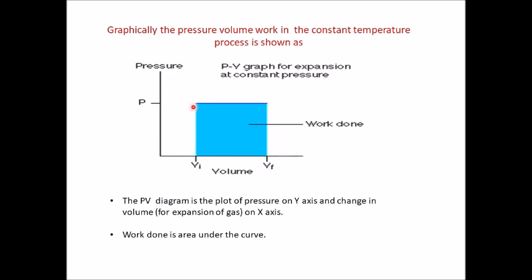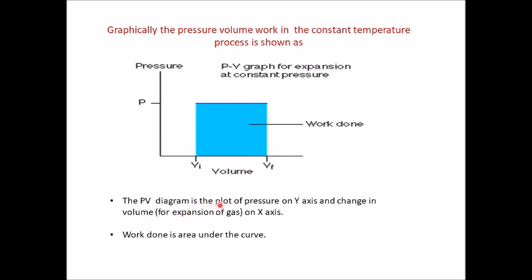And if you draw these 2 points, that is P1 and V1, and join P2 and V2, or Pf and Vf, that is the final pressure and the final volume, then you find that you get a rectangle. Now, this area of the rectangle is the work done by the system.